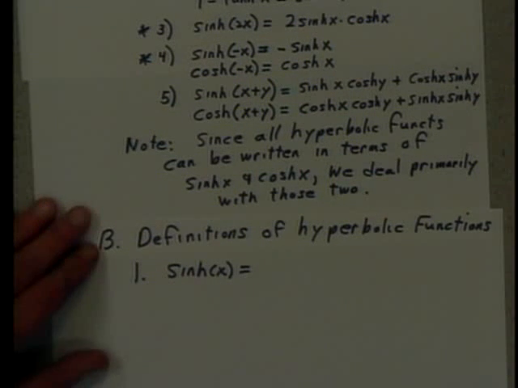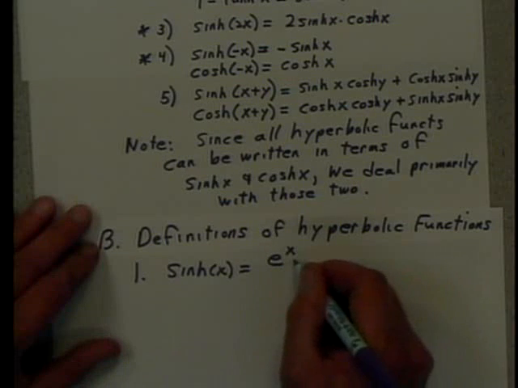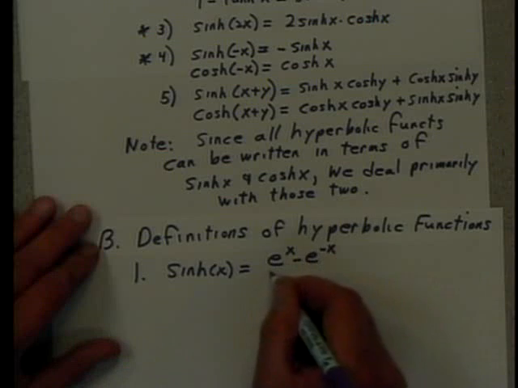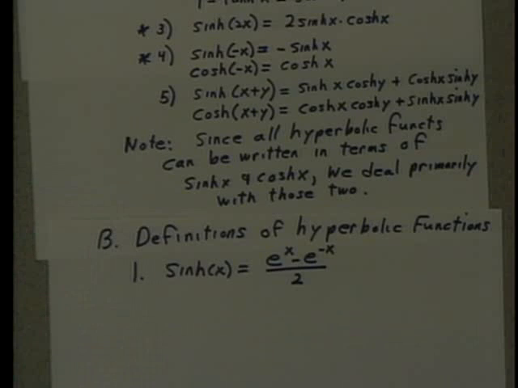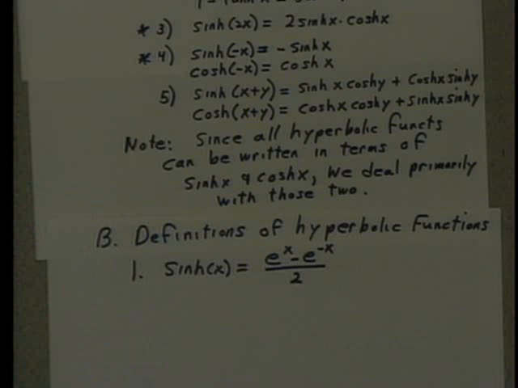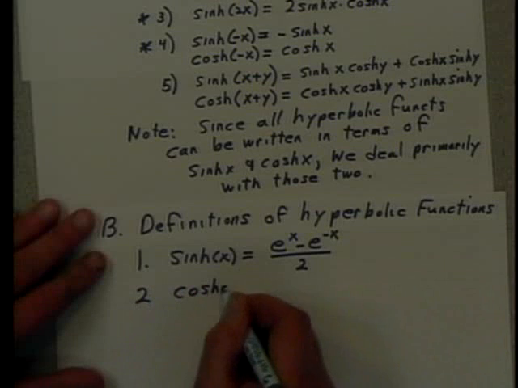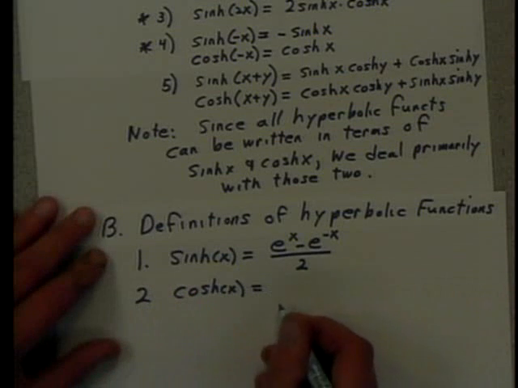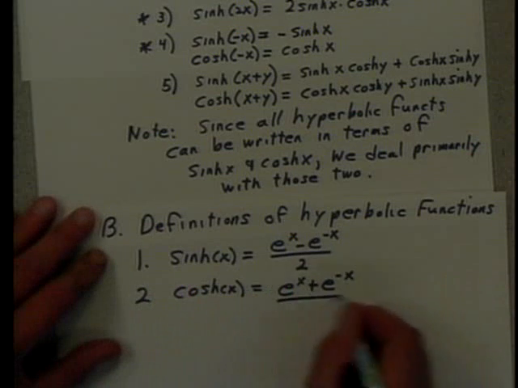You can get sinh of x by taking e to the x, subtracting e to the minus x, and dividing by 2. No, that may not be on your pink sheet. You have to know that one. So sinh can be defined, surprisingly, in terms of what? The exponential function. Well, what about cosh? It's very similar. It just happens to be e to the x plus e to the minus x over 2.